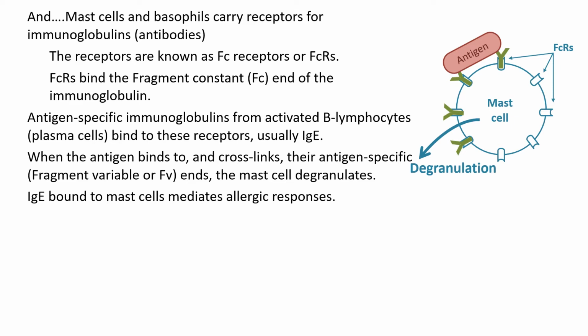And this is where we get allergic responses, because we've already produced IgE. The Fv ends of these IgEs are allergen specific. They then bind to mast cells.